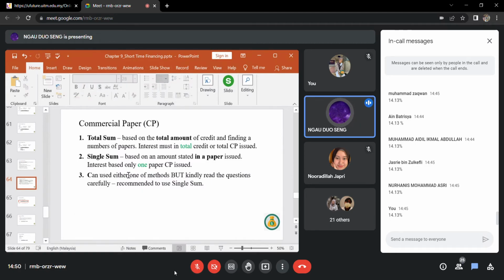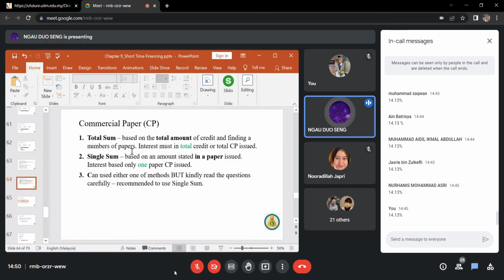So you can use either one of the methods, but kindly read the question carefully. Recommended use single sum lah. So dia ada dua cara untuk calculate, right? The meaning is satu you guna jumlah untuk calculate, atau you calculate untuk satu paper, single paper atau single sum. Yang ini adalah total paper, so ke semua, right?